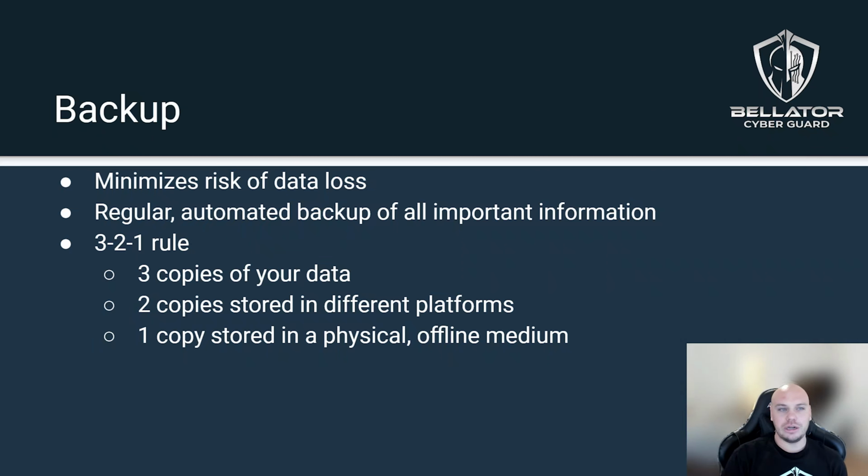So physical, not necessarily meaning printed data, but stored in a device or hard drive that's not connected to the internet. There are providers that will give you this option to, say, back up to an offline server or location, and then if you need the backup, they'll mail you a physical drive with your data to restore your data.